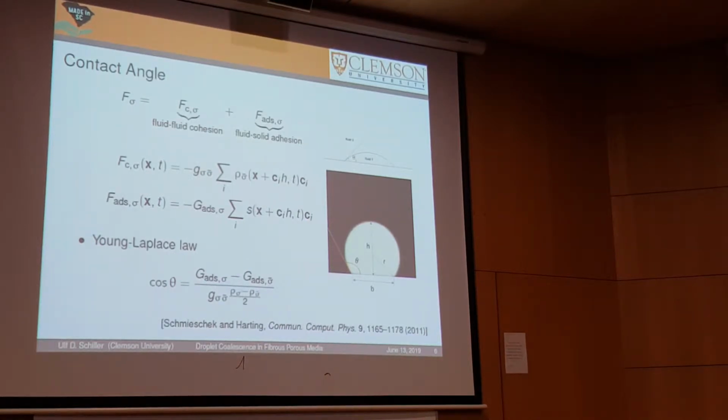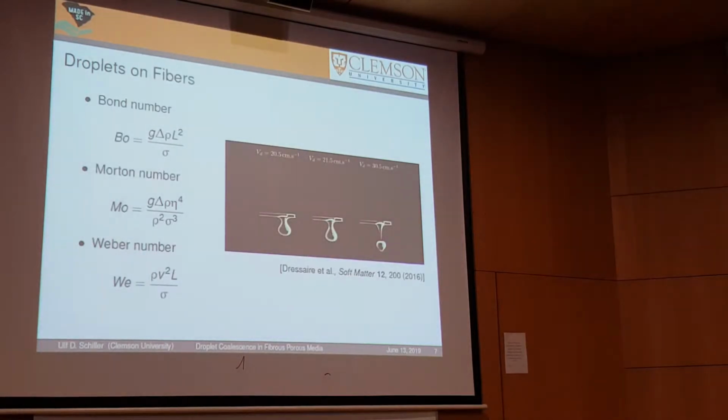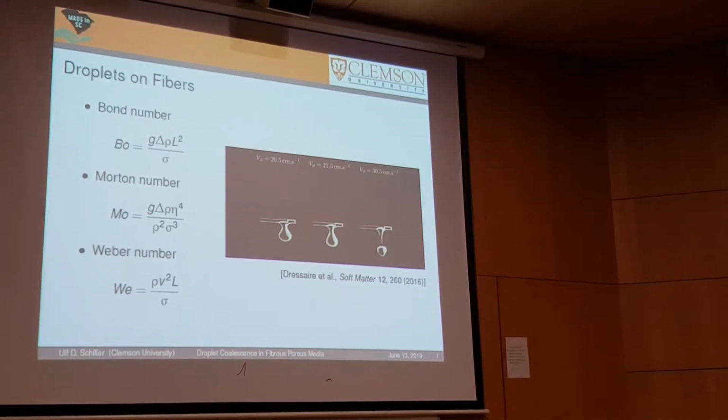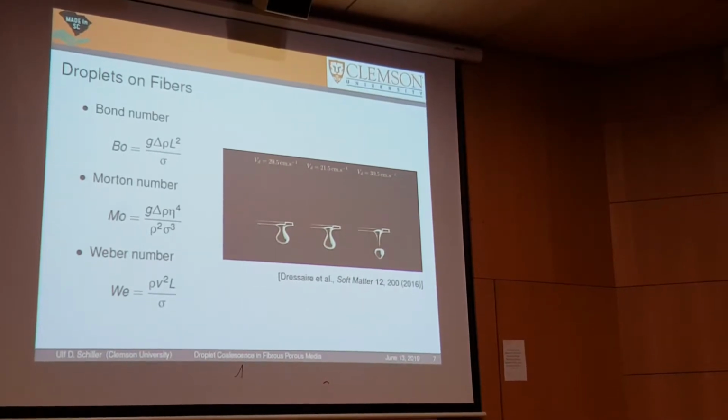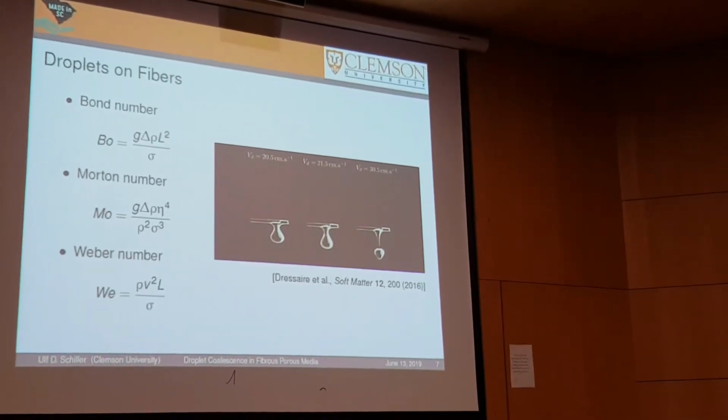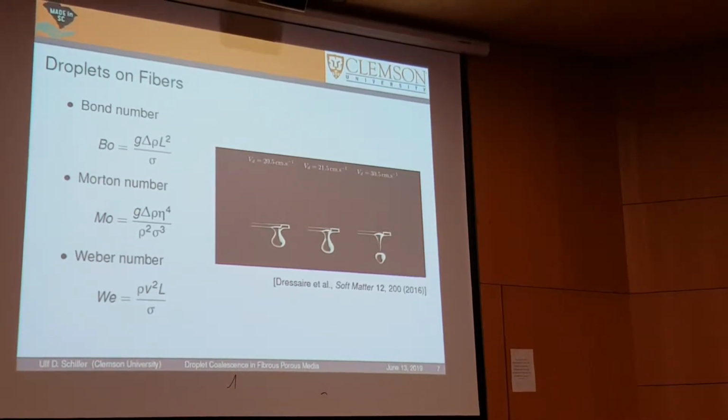So this is a model that should work for what we want to do, and what we're interested in now is how droplets interact with fibers, right? There are a couple of parameters or numbers that characterize what we have here, and two of them involve gravity. That's the Bond number, which relates the gravity forces to surface tension, and then the Morton number, which combines it also with the density contrast between the two fluids.